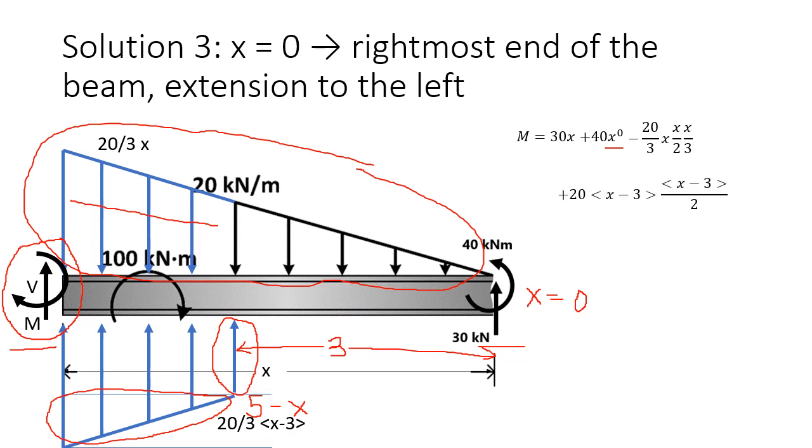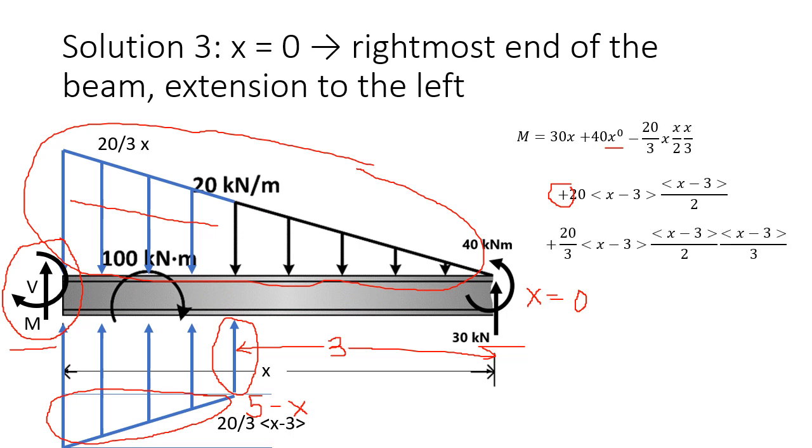Then for the trapezoid, the rectangular part has a height of 20, base x minus 3, and then moment arm x minus 3 over 2. Again, note the positive sign because it gives you a counterclockwise movement about the section.